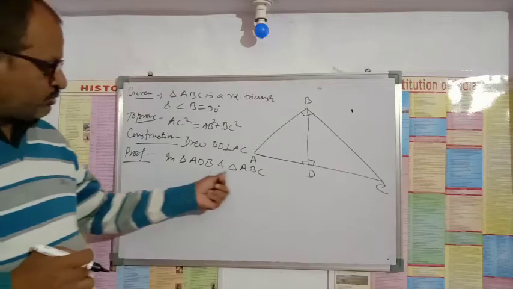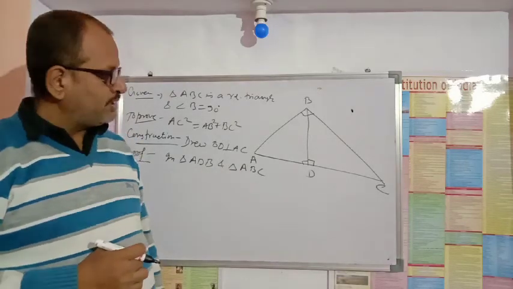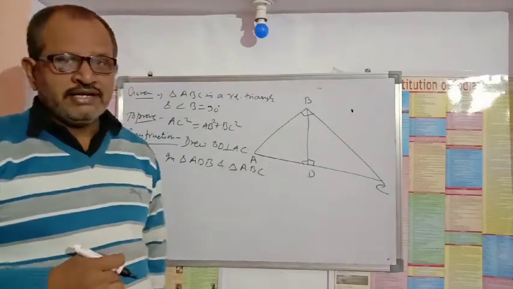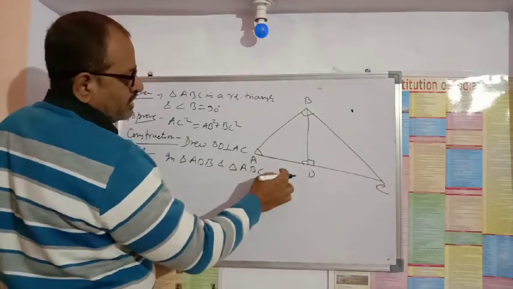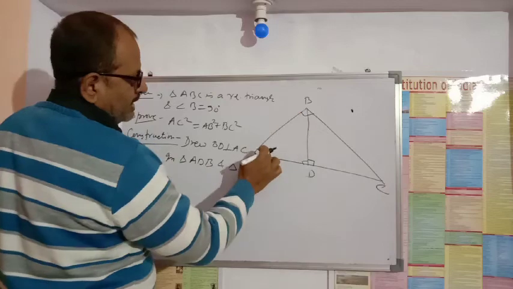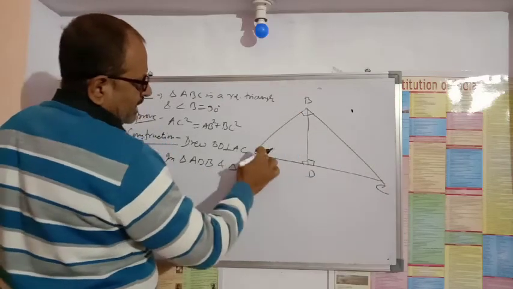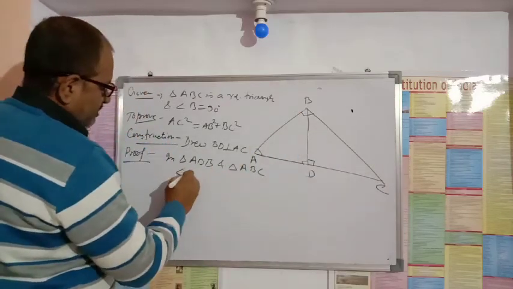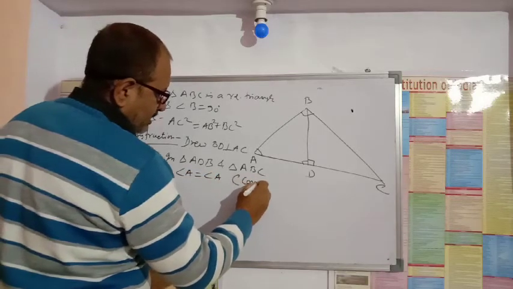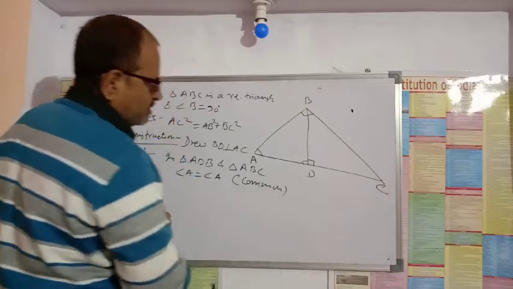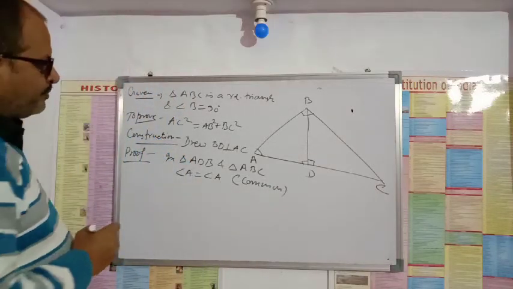We have to prove these two triangles are similar. How can we prove it? By the angle criteria. We see that angle A is common in both triangles. In ADB, angle A is coming, and in ABC, again angle A is coming. So angle A is equal to angle A. It is common in both triangles.